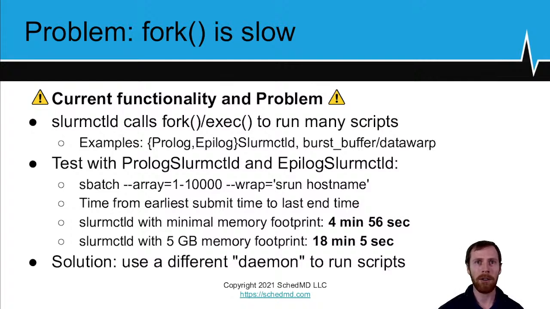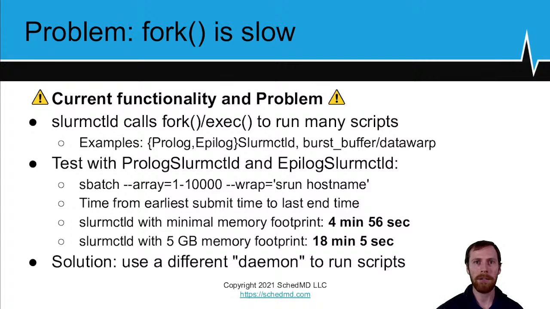In order to call those scripts, it needs to call fork, which duplicates the process memory, creates a copy, and then from the child, it calls exec to actually run the script. The more memory you have to duplicate, the longer this is going to take. In addition, fork stops all other parallel execution of the calling process, so it's quite slow.